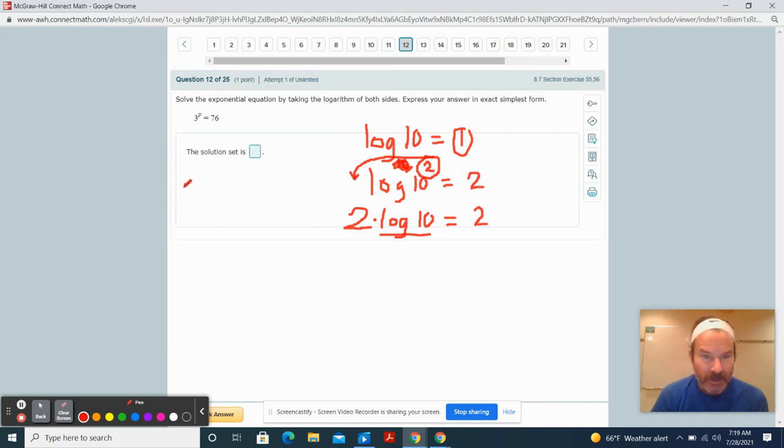The power property says the log of any base, I'm just going to leave the base 10, of m raised to the n power is equal to n, the exponent, times log of m. You guys might want to write this property down. There's 3 log properties, only 3. This is the first one.